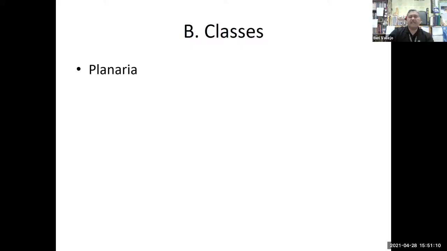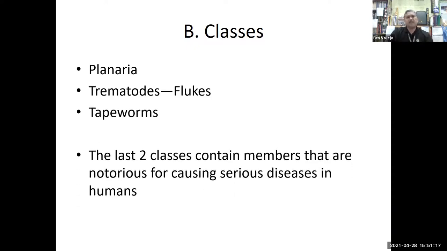So these are the flatworms. Now, there are many different classes of flatworms. The major classes are the planaria and the flukes and the tapeworms. The flukes and the tapeworms are important because they are notorious for causing serious diseases in humans.